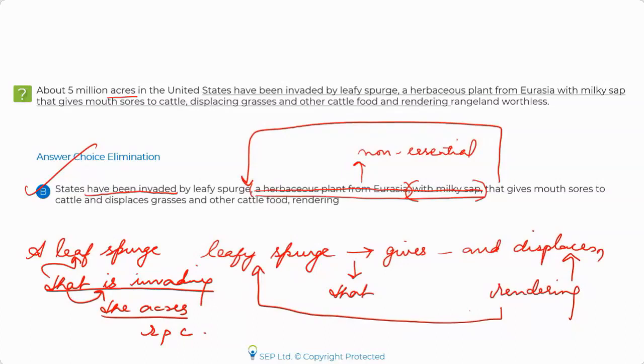So this is the structure of a relative pronoun clause which is being followed here. That is referring to leafy spurge because this is a non-essential modifier. The part which I have crossed off is a non-essential modifier. It's like a modifier within brackets because it is separated by commas. Sudeep, are you clear?